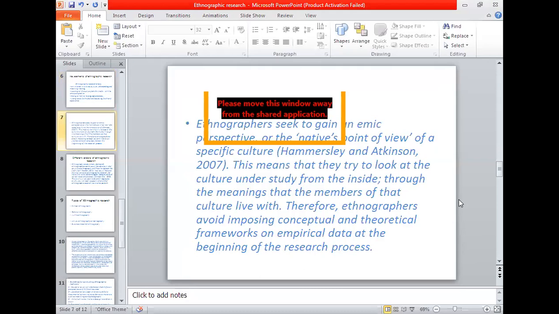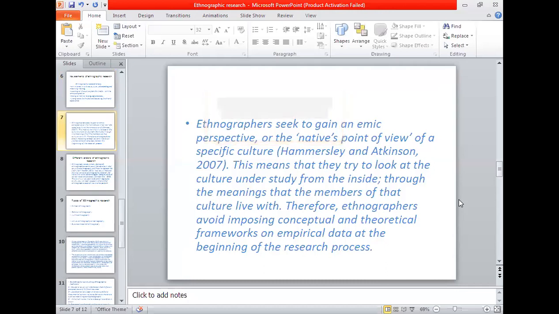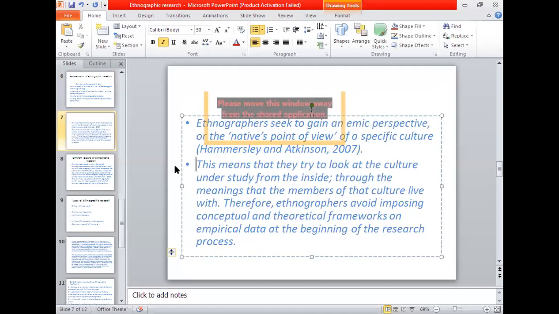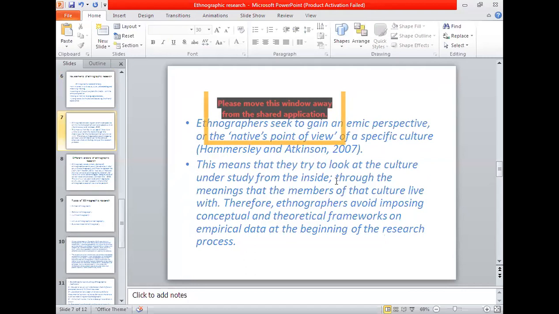Ethnographer seeks to gain an Emic perspective or the native point of view. Native means your own. This means that they try to look at the culture under study from inside, through the meaning that the members of that culture live with.